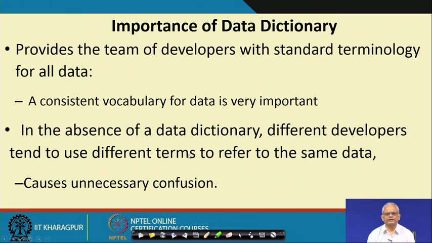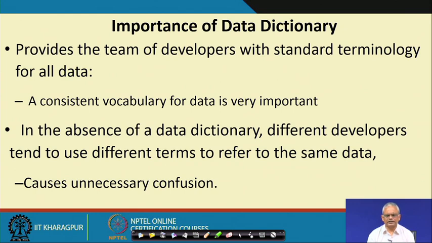If we do not have a data dictionary, there is a chance of misuse. The team members may misunderstand the data that is represented on the DFD, and also while they refer to different data items, they may use inconsistent names and that will make it very confusing.